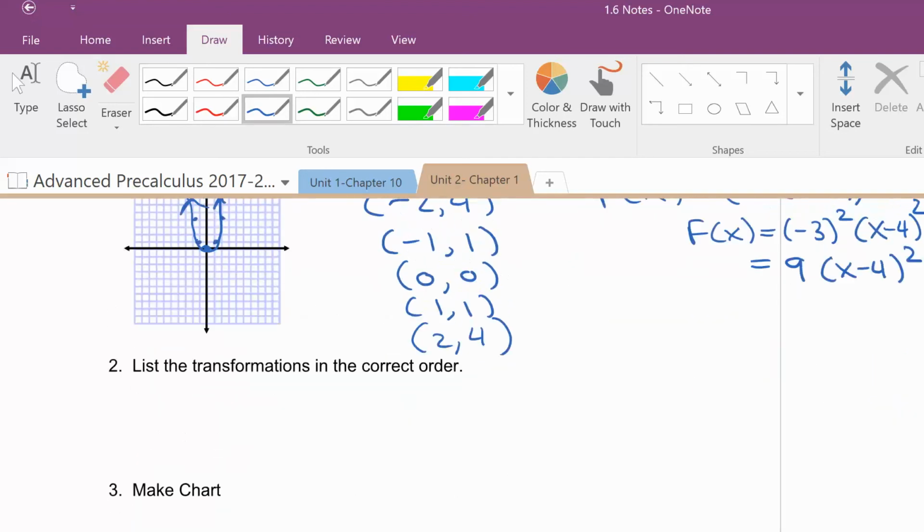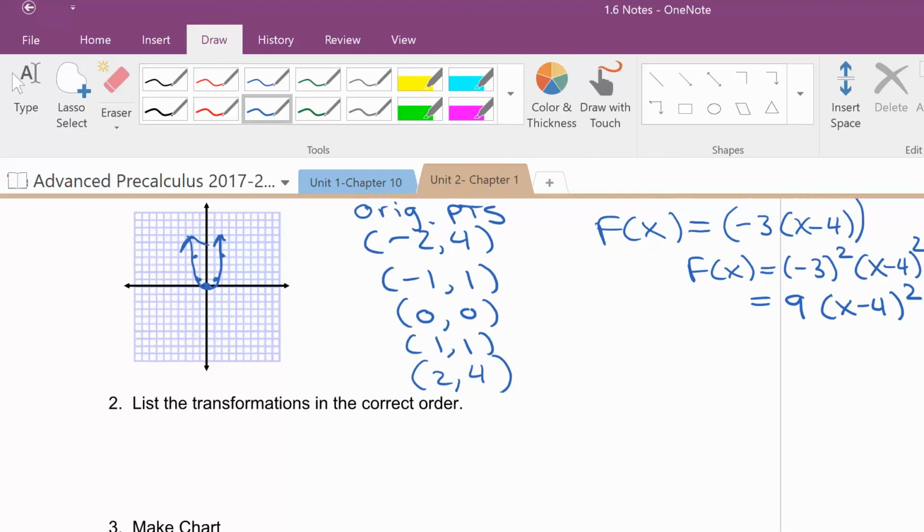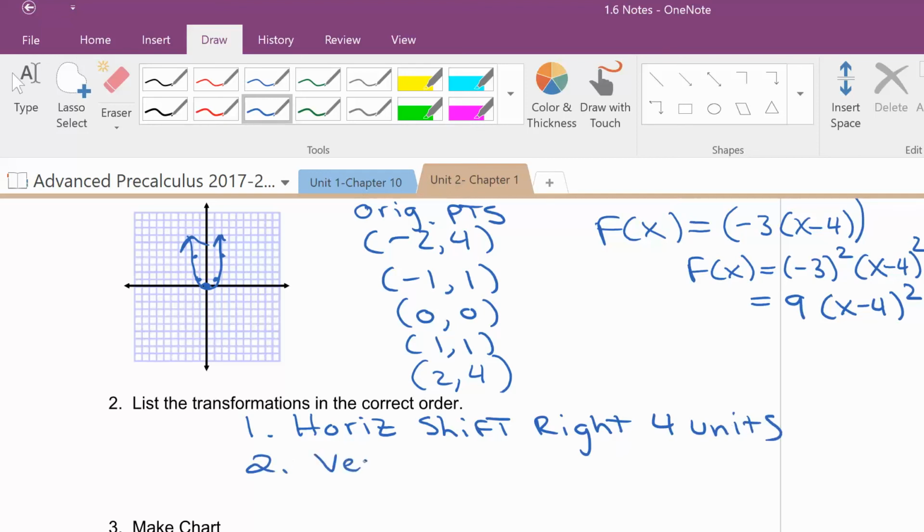So when I list my transformations, the first transformation is going to be a horizontal shift right 4. And then my second transformation will be a vertical stretch, because there is no reflection and there is no vertical shift.